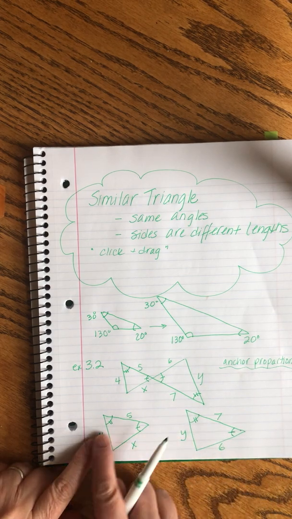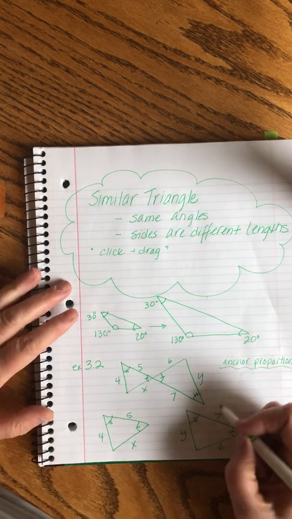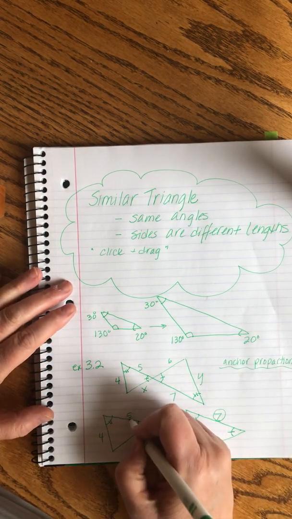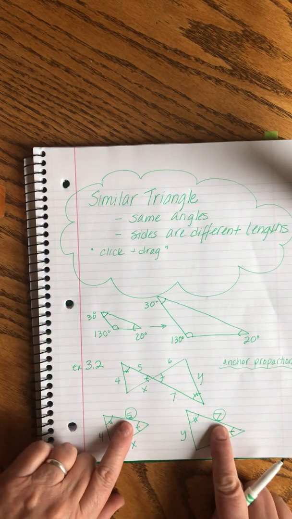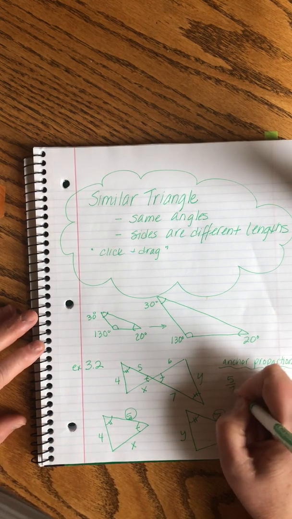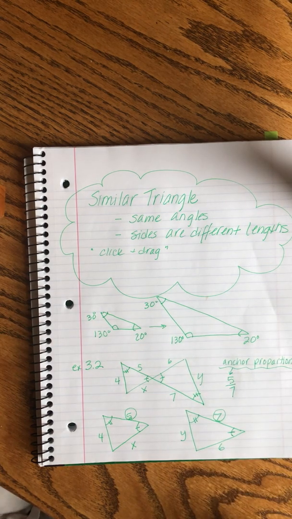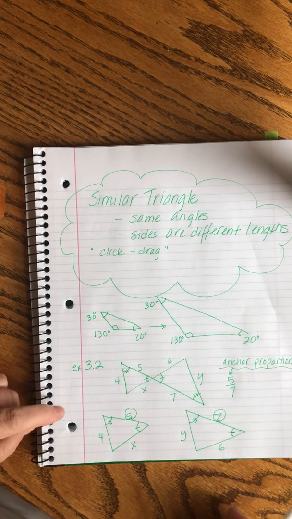And this side has a Y there, so I don't want to use this side. This is where I can find my anchor proportion. Because on the corresponding sides, I have two numbers. So I'm going to make that 5/7. That is what I call my anchor proportion, and I use that to solve for the mysteries.